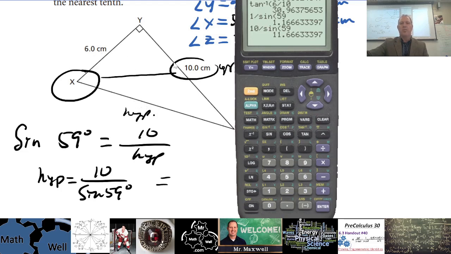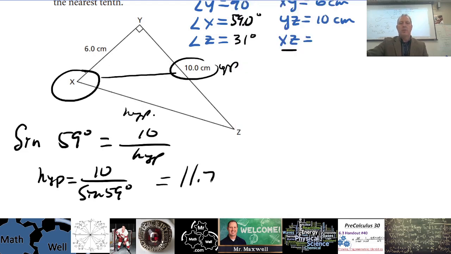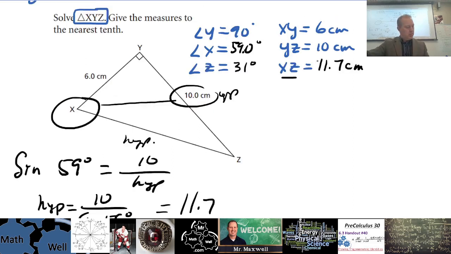It's not smaller than everything else. No, it's got to be bigger. So there you go. 11.7 centimeters. Okay, so what do you think? Is that what they get in the textbook there? 59. I see 31. Let's see 11.7. Okay. Awesome.